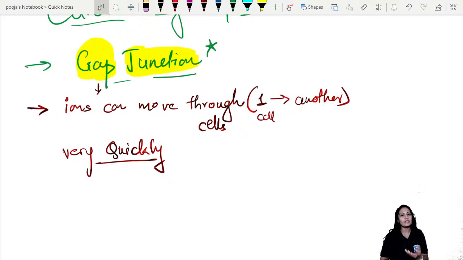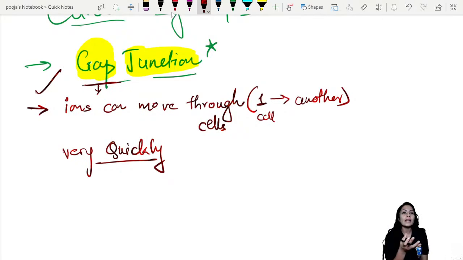To contract the ventricle at one time, all the cells must be activated at the same time. The gap junction helps in that property: if you want the ionic concentration to change in all the cells at the same time, you have to save the time, and that is saved via the gap junction, right?